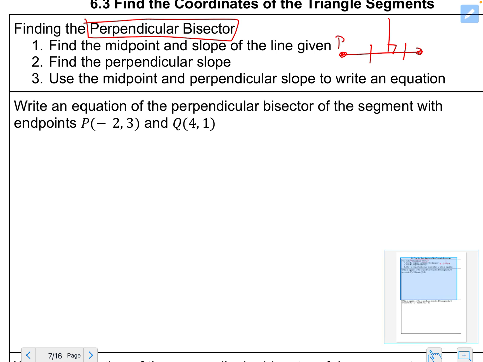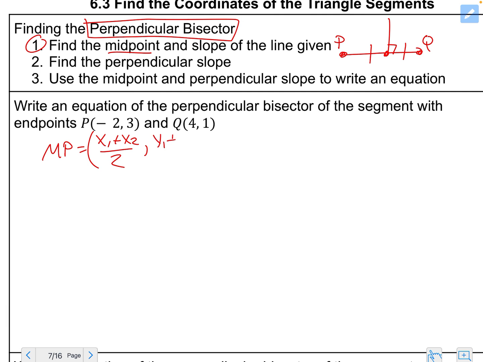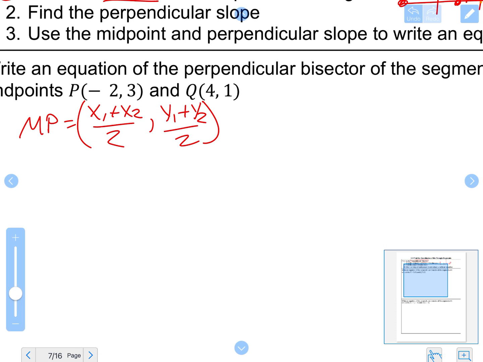So, we're given P and we're given Q. So we need to find the midpoint of PQ. That's going to be the first step that we do. So our midpoint formula is x1 plus x2 divided by 2, y1 plus y2 divided by 2. So when we do this, we're going to use our P and our Q that we're given.